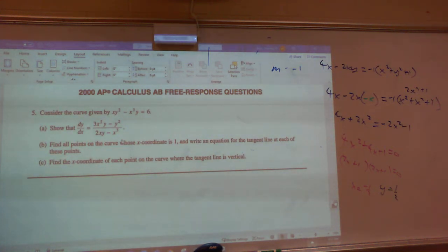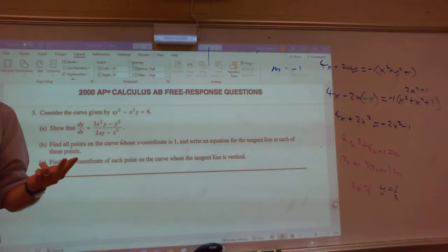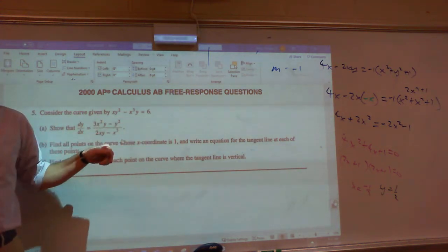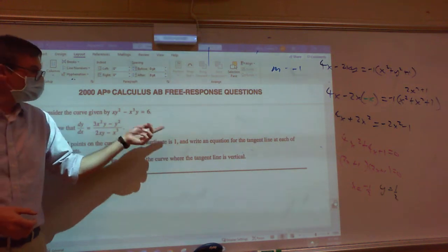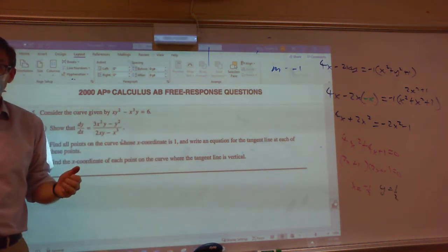I wouldn't solve. If I want to find an equation of a line, what do I need? Point and a slope, right? They gave me x. I need a point. How do I find the y? Plug in x, 1. Plug the 1 into the original equation, right? So we plug the 1 into the original equation and we solve. It turns out when we do this, we're going to get two y values, right?